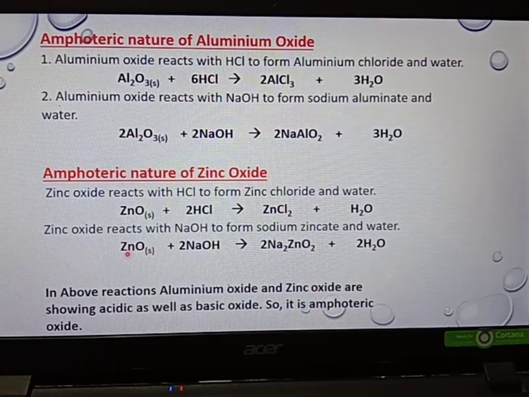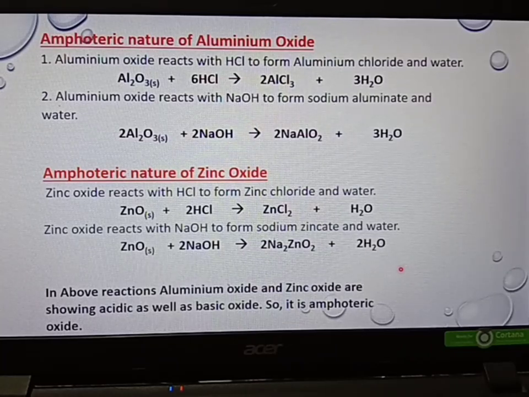When zinc oxide reacts with sodium hydroxide or base, it shows its acidic characteristic. When zinc oxide is treated with hydrochloric acid, zinc chloride forms along with water. When zinc oxide reacts with sodium hydroxide aqueous solution, it gives sodium zincate along with water.